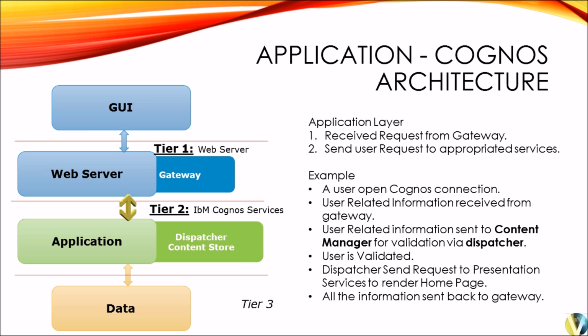Once the user is validated, the dispatcher sends a request to the presentation services for rendering the home page of Cognos Connection. Once all the information is received from the presentation services, it is sent back to the end user via the gateway. So all this is handled by the application server.